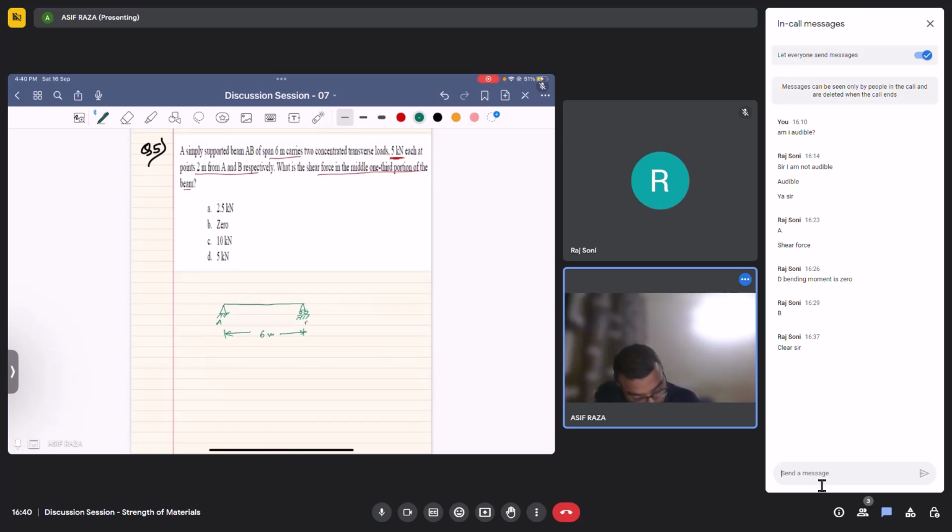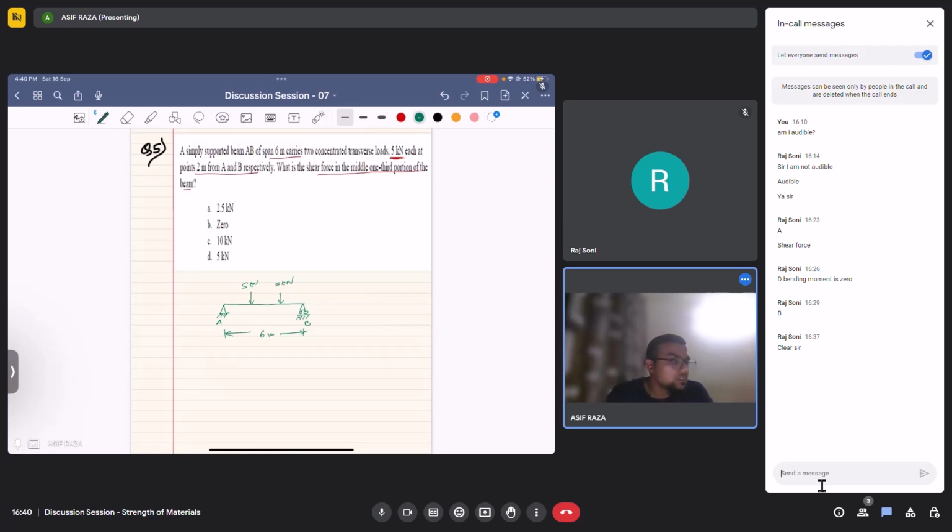A 5 kilonewton load is applied at 2 meter from A and B respectively, 5 kilonewton, 5 kilonewton.